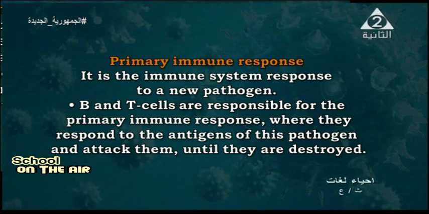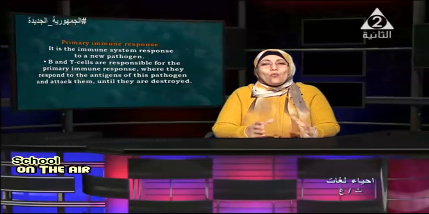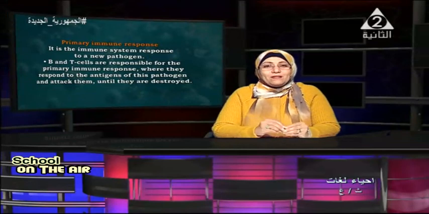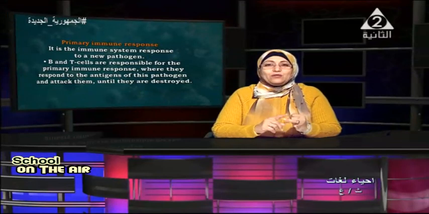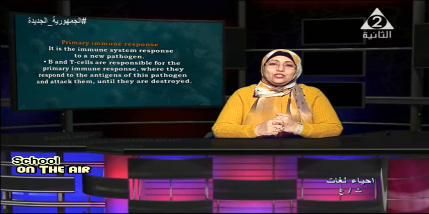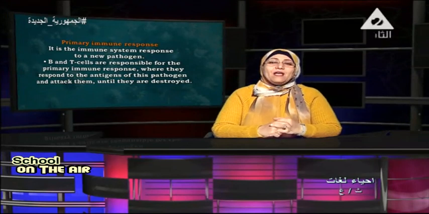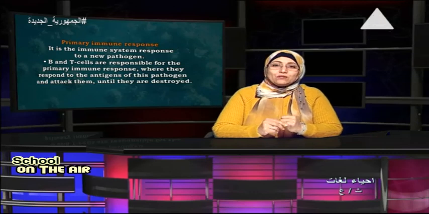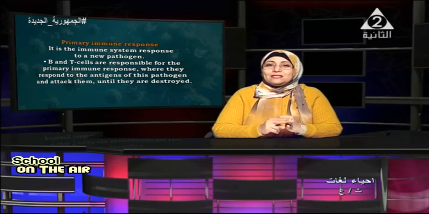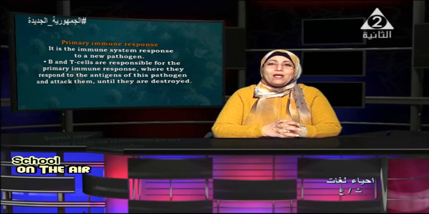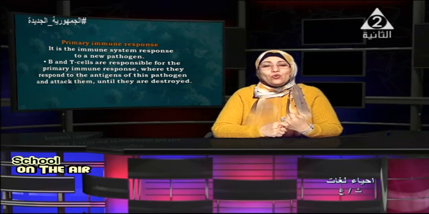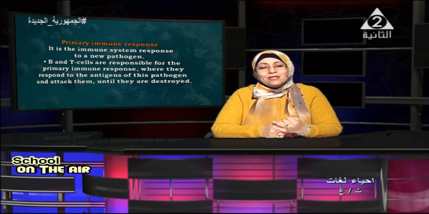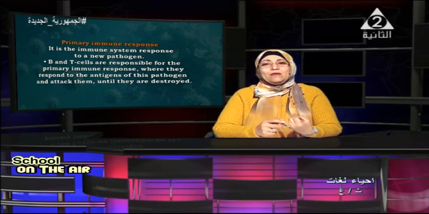When microbes enter the body, there are two responses by which the body can overcome this microbe. First, we can talk about the primary immune response, and after that the secondary immune response.